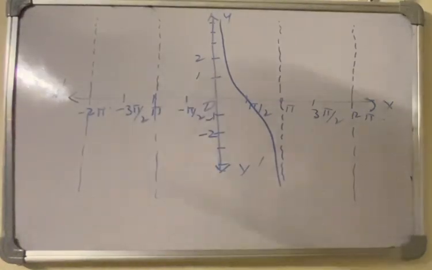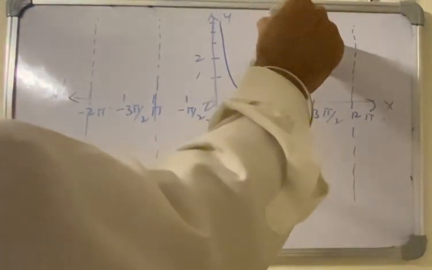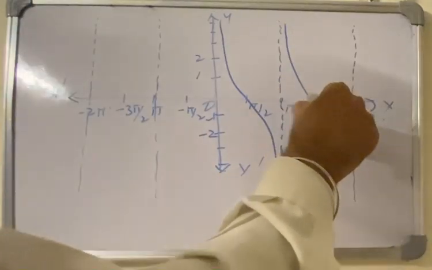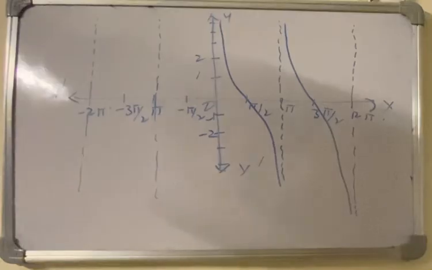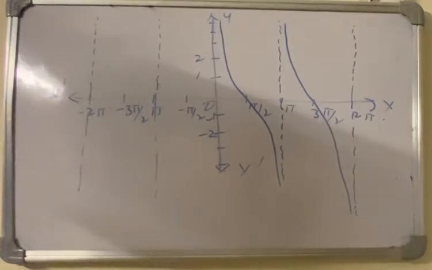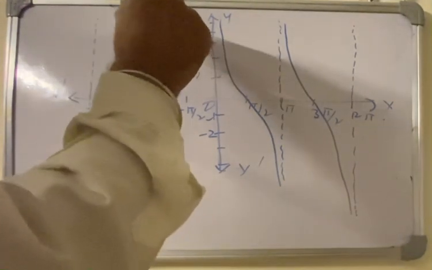Similarly, at 3 pi by 2 also cot is 0. So its graph will go in this way. Similarly, at minus pi by 2 cot is 0.